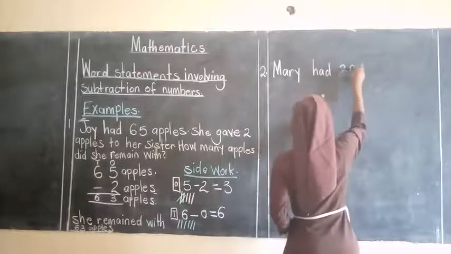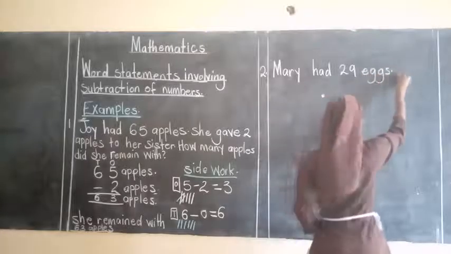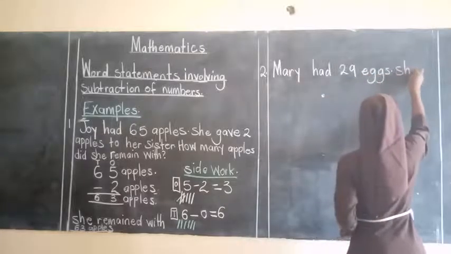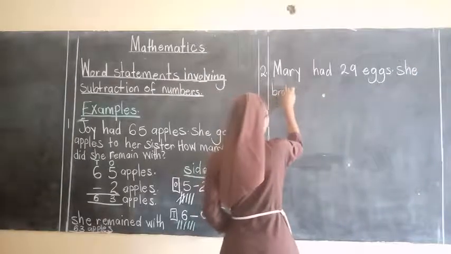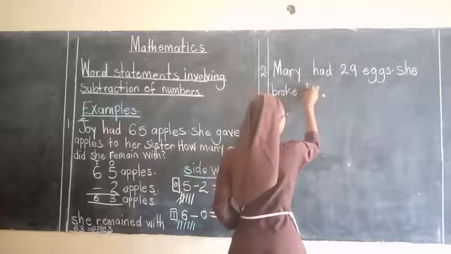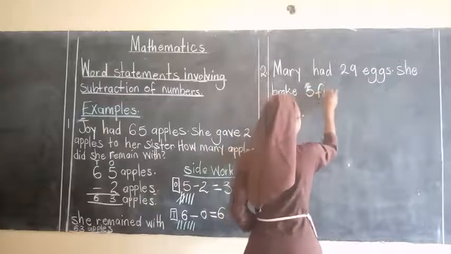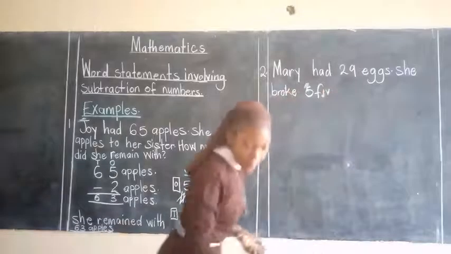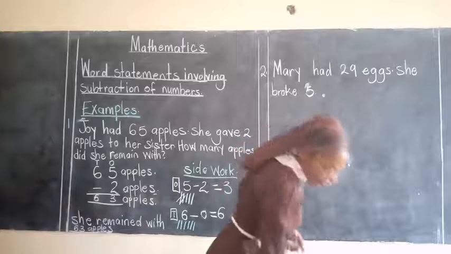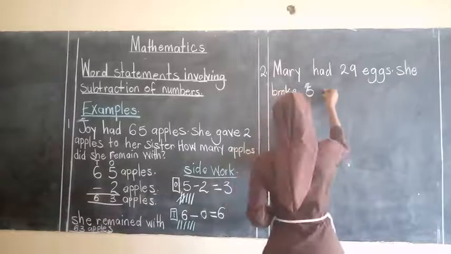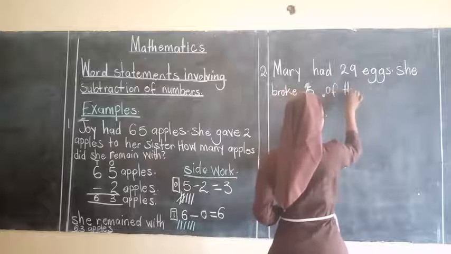Mary had 29 eggs. She broke 5 of them. Sorry. She broke 5 of them.